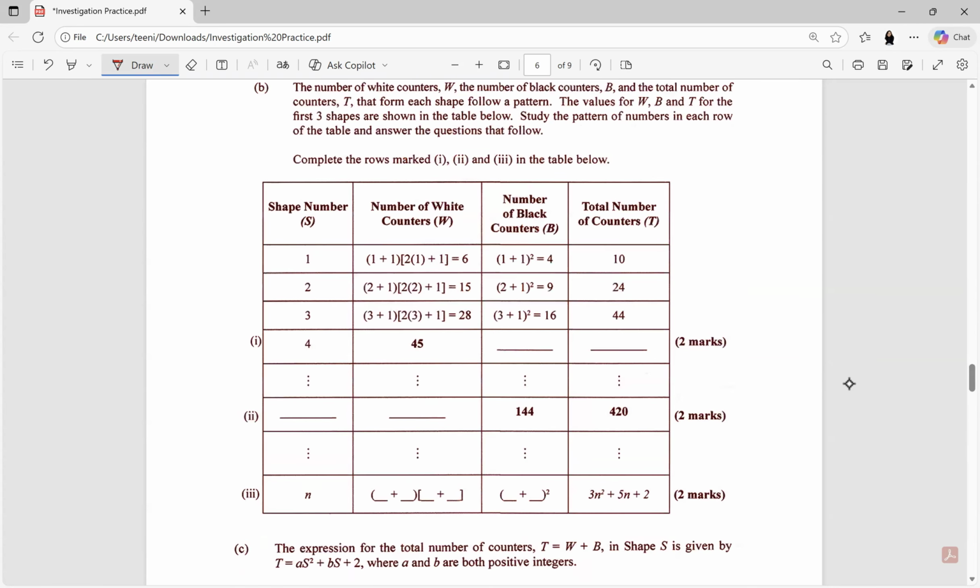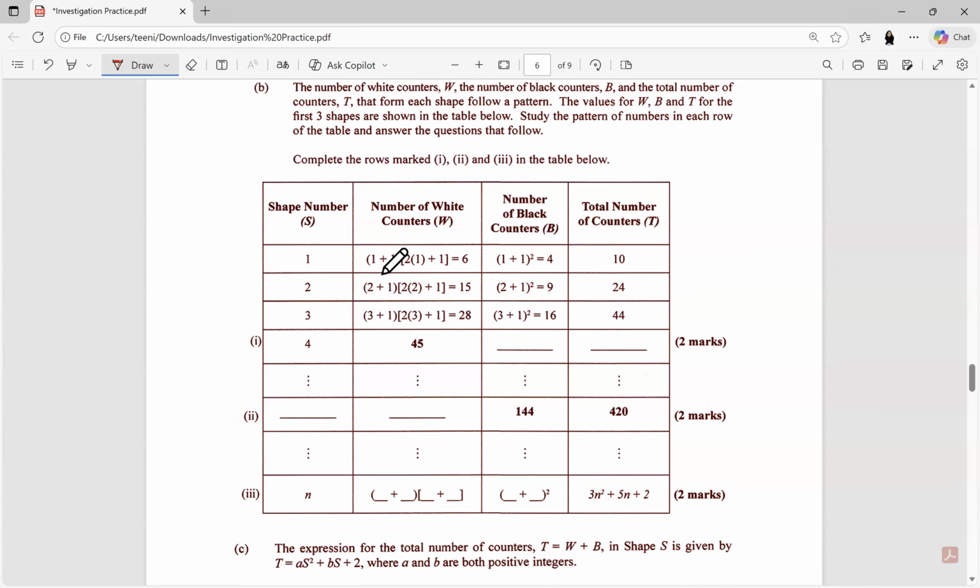Well, let's see. Right. So in this one, guys, they actually gave us the rule. See? So the number of white counters is found, you're saying 1 plus 1 multiplied by 2 times 1 plus 1. That's 6. Then to get the number of white counters when the shape number is 2, it'll be 2 plus 1.